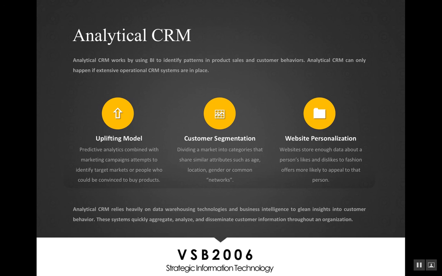So we have the ability to identify patterns in sales and customers' behaviors. The idea is this is built upon an operational CRM. The expectation is you have operational CRM systems already in place, and then the analysis is done on those systems or on the data that's provided from the operational side.